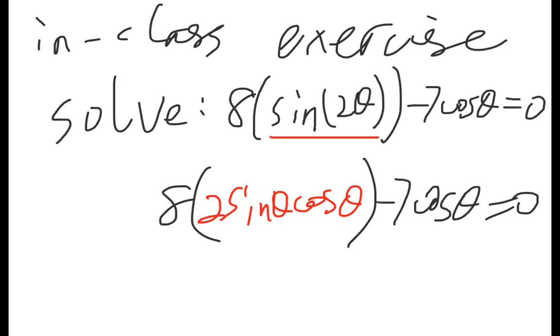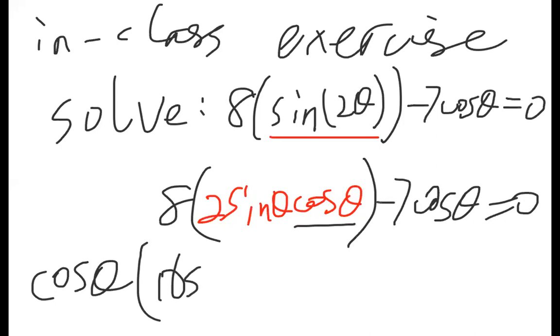And you notice that you have a cosine theta as a common factor. So we pull this out. Then this becomes 8 times 2 times sine theta, which is 16 sine theta minus, when you pull out the cosine, it's left with 7, equal to 0.